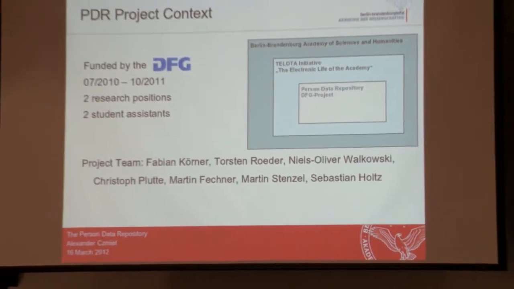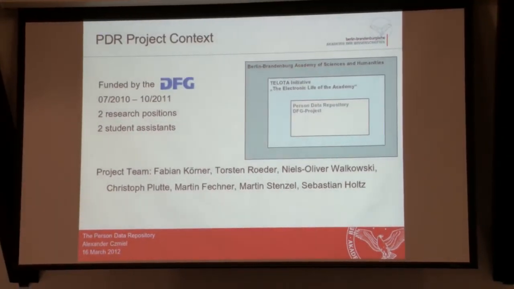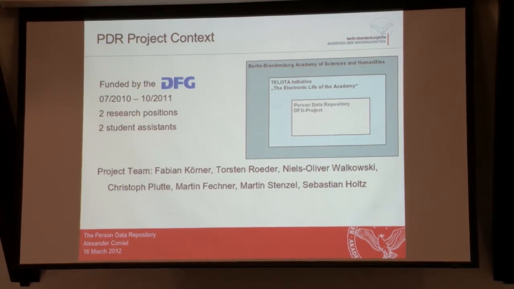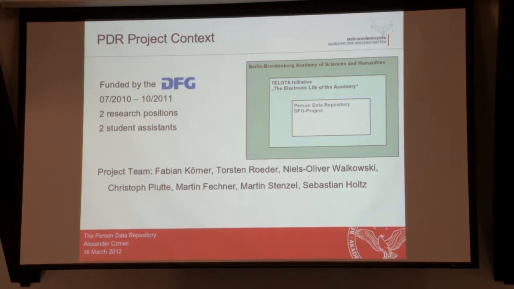So these are the things we had to bear in mind when we started our project, the Person Data Repository. That's the context. It's funded by the DFG with a runtime of 2 years, and it ended last October, which means we applied for the second phase. Although we don't have a concrete answer now, we're slightly optimistic that we can continue for 3 more years.